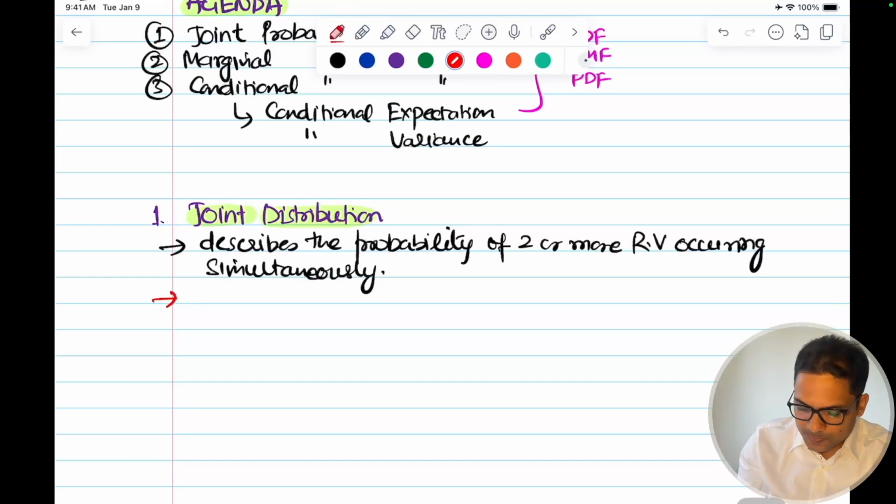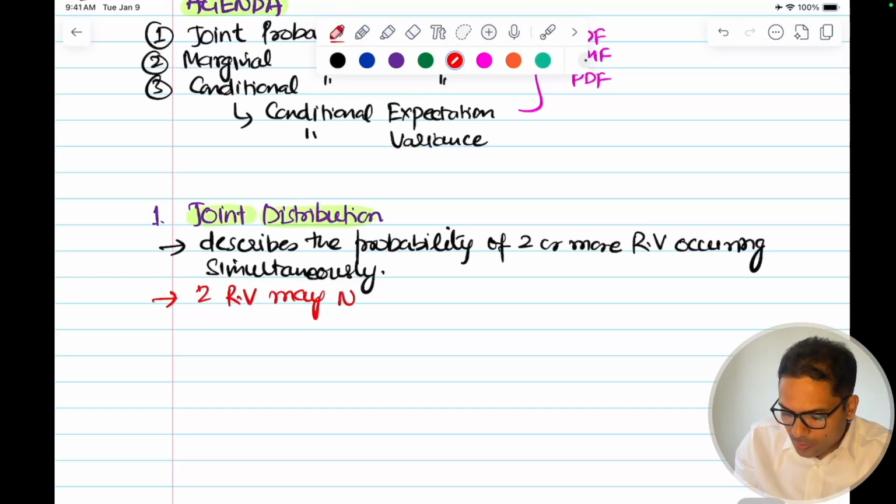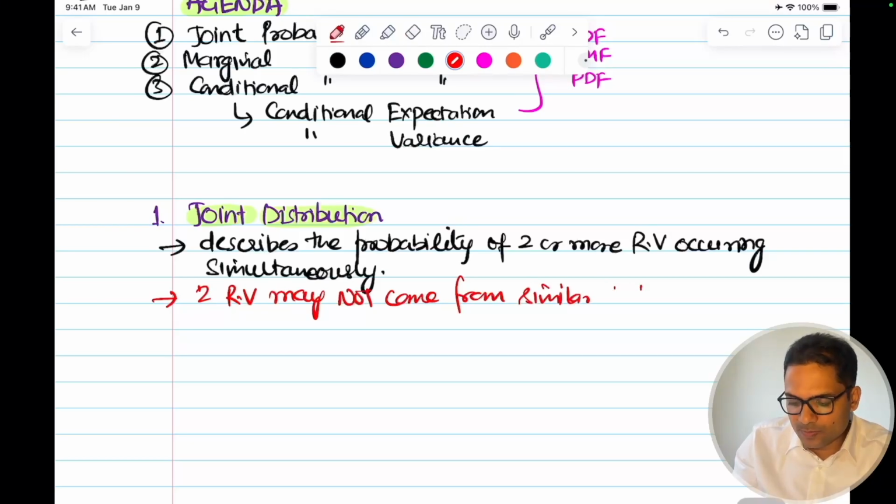So let me write down. It is applicable even if two random variables may not come from the same distribution. Even I'll be more lenient, I'll write similar distribution.